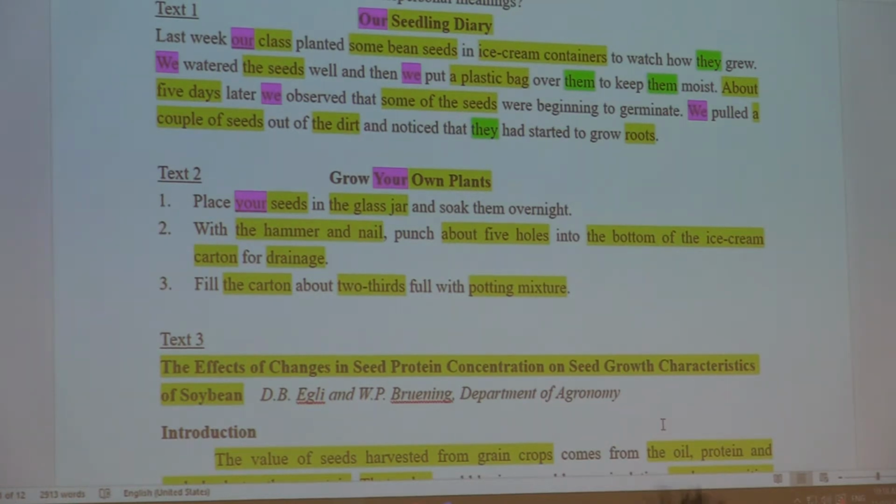Okay. There are also them, right? The pronoun them, and also they. What kind of reference is that? They refer to the seeds. Yeah, mainly it's about the bean seeds. So what kind of reference?